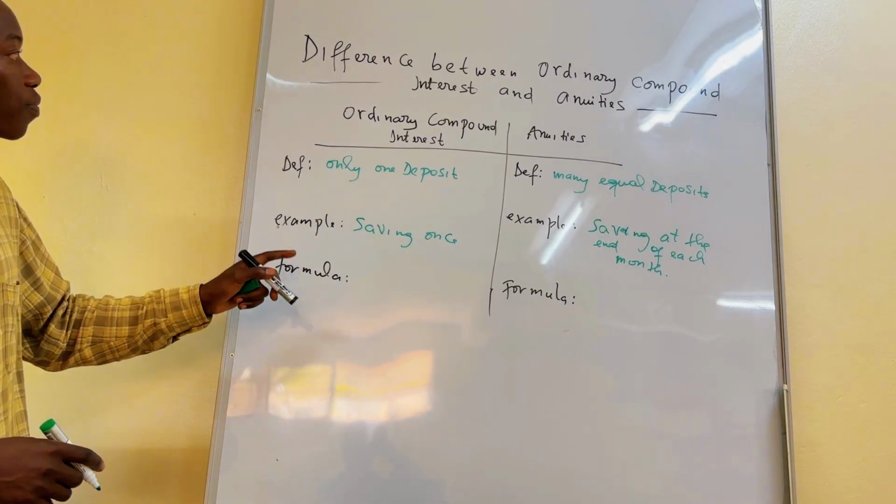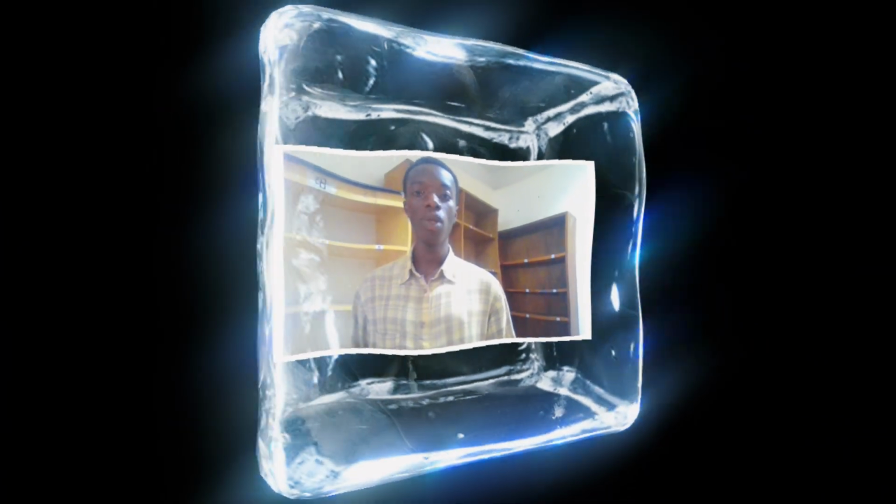The formula is totally different. You can ask the question: why does the formula of annuities differ from the compound interest formula? Yes, there is a difference because for annuities there are many deposits in different periods, and each deposit earns interest for a different length of time, because you are not depositing in one single period.